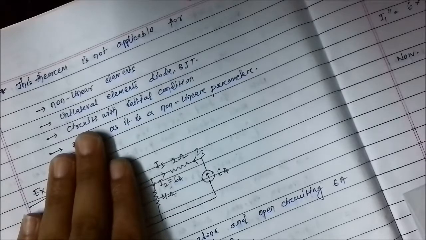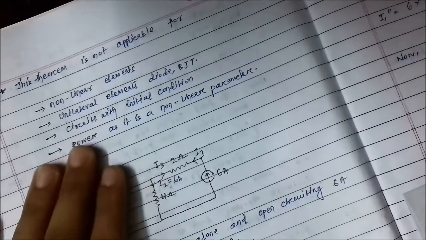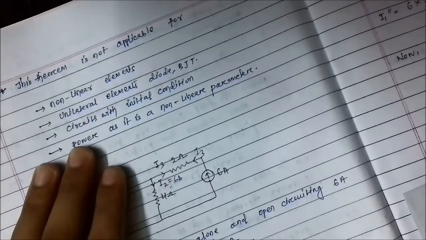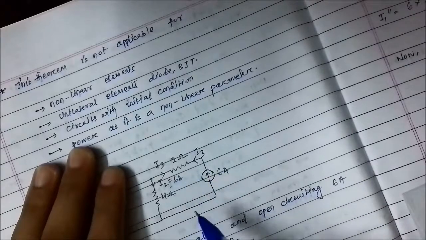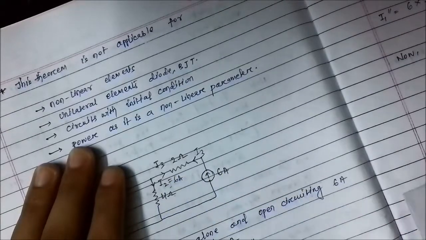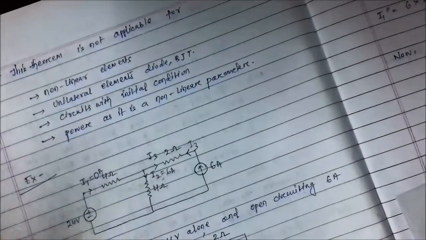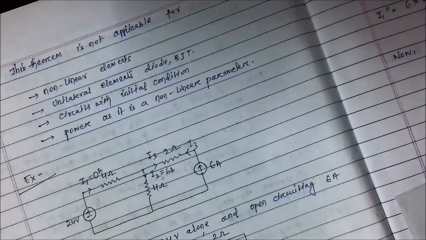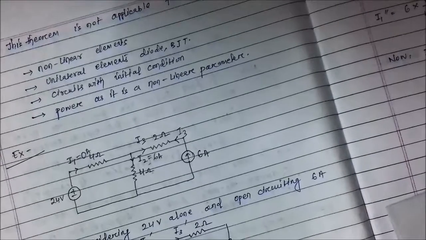In case those two theorems fail, you go for this approach because it's a bit lengthy. So this is the superposition theorem, which is used to determine the currents flowing through the various branches in the circuit. This is the third theorem which I have discussed with you.